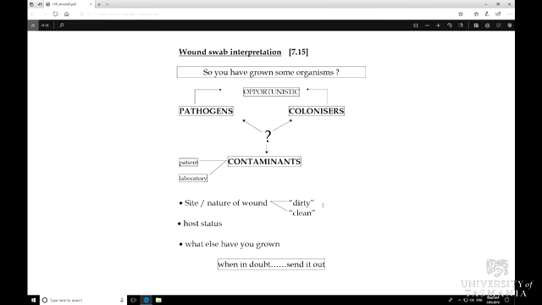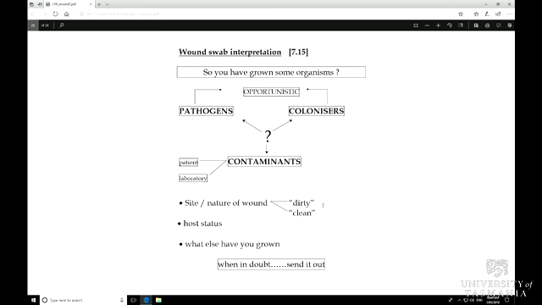Okay, now the issue is you've grown something. What does it mean? The problem is what you've grown might be a pathogen, might be a coloniser, might be in between. Sometimes, for example, enterococcus in a wound is simply a coloniser.